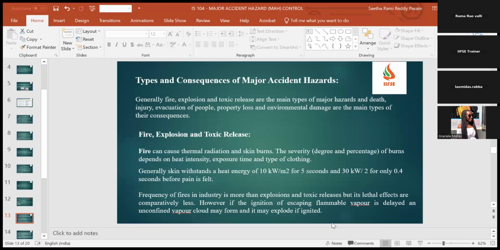So when we say degree of burns, the severity, as I mentioned, depends on the intensity of heat, how intense it is, అంటే ఎంత తీవ్రత కలిగి ఉంది, how hot it is. Heat means even in summer we can feel the heat.